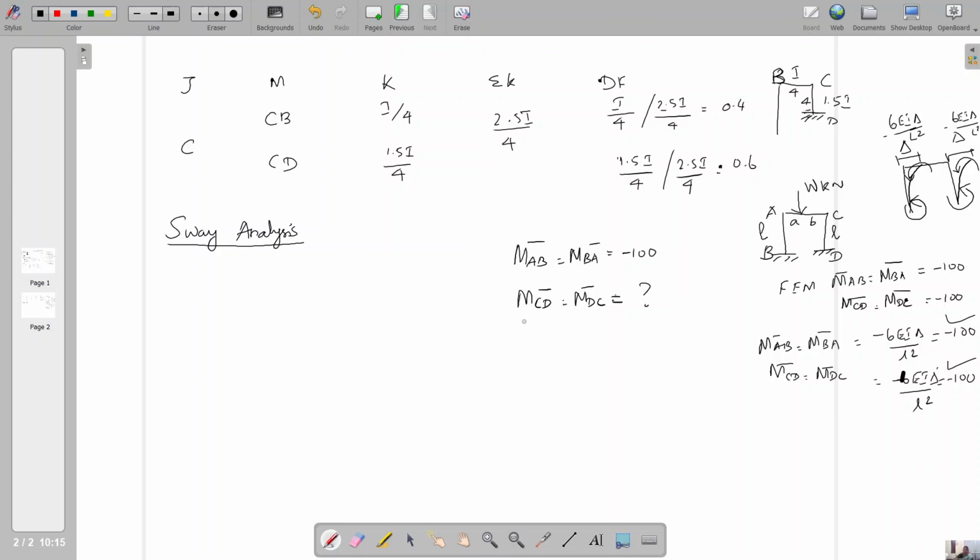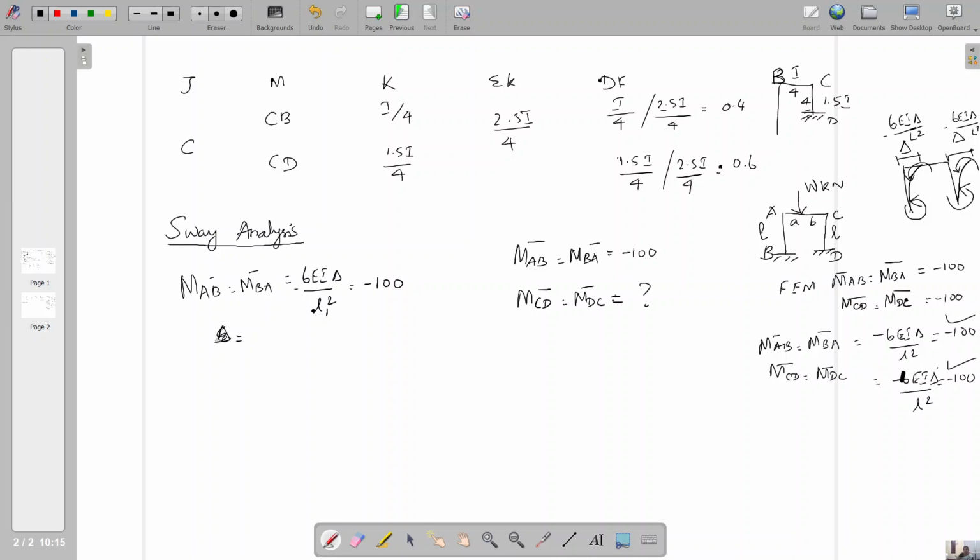How can we calculate? The value of M̄AB and M̄BA equal to 6 EI delta by L1 square equal to minus 100. We put L1 square because we have different lengths of column.